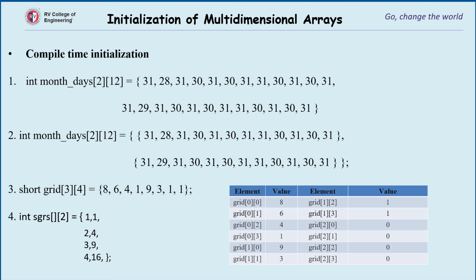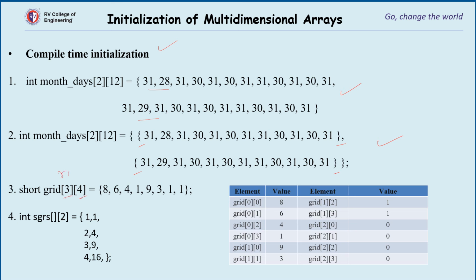Again, initialization, compile time initialization. We can do it by specifying the elements directly in the parenthesis. Or for every row you can specify the parenthesis. This is also correct. Now just observe 3 and 4.